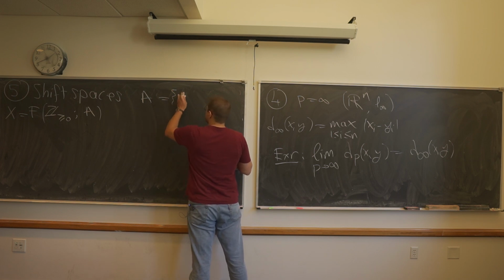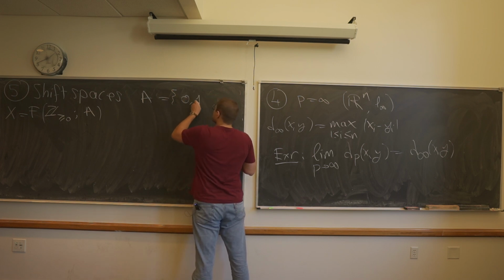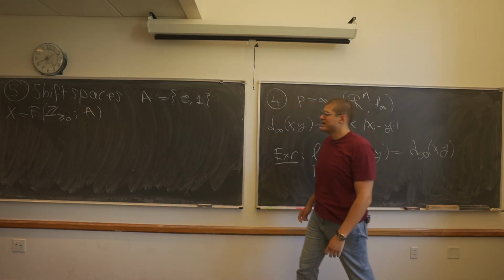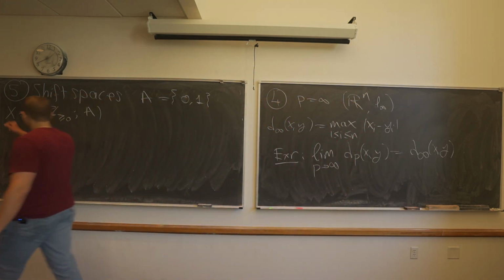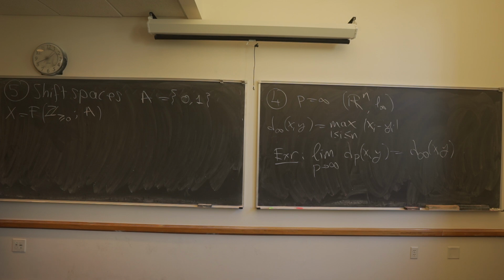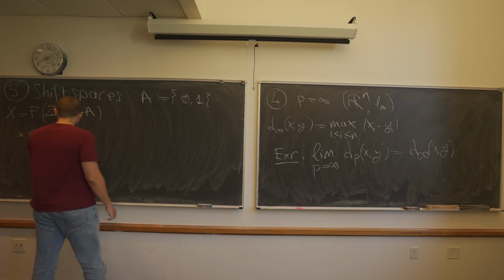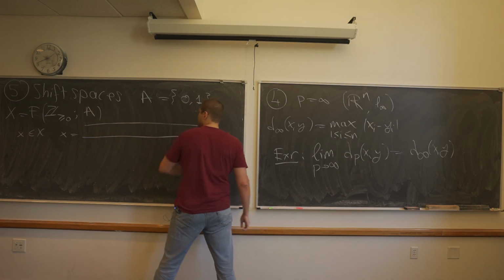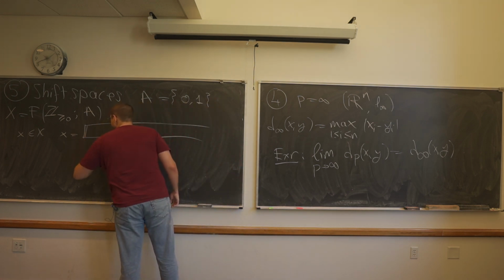Let's say that my symbols are 0 or 1. You can imagine any point in the set as sort of like a ticker tape, is what people say. If I take a point X in capital X, I can imagine it like this. It's a strip, and I have the 0 entry.